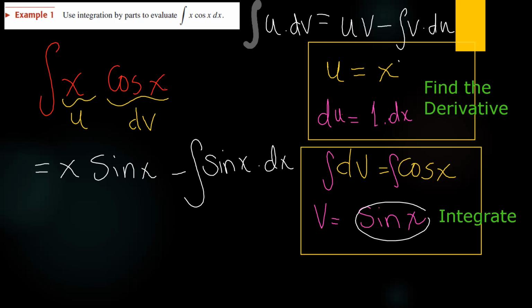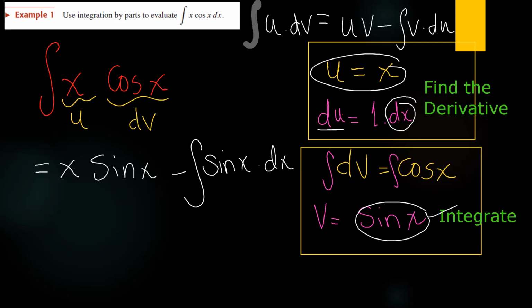This is u, times v, which is sine, then minus the integration of v times du. Where is du? This is du, which is dx.